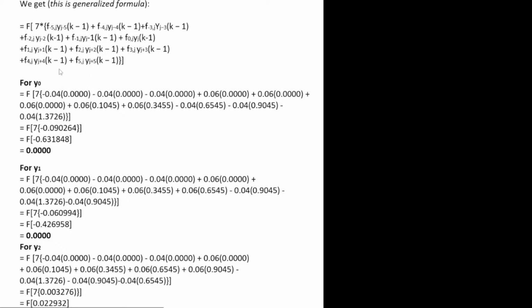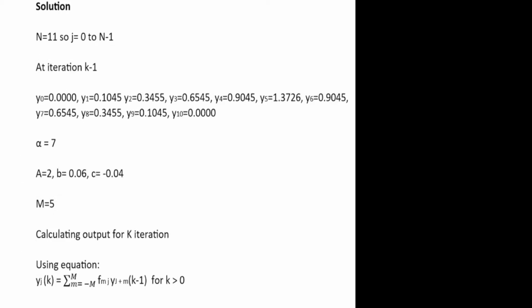Now the range is going to start from minus 5 and go up to 5, because the total range is 1 2 3 4 5 6 7 8 9 10 11. The total range is 11.